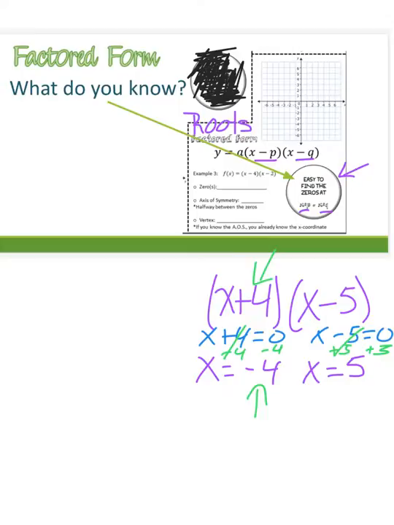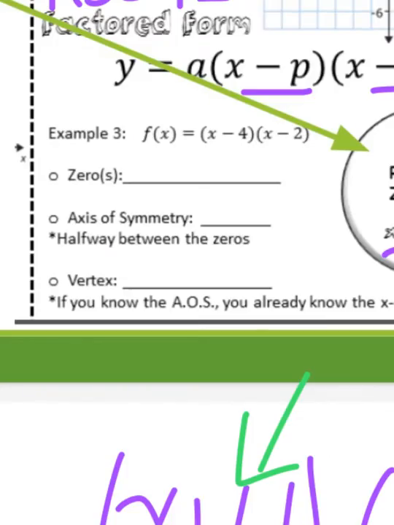So if I go back to this problem, I can write my answer as my zeros are at, I have a negative 4 inside my parentheses, so when I write it out, it's going to be a positive 4 comma 0, and I have a negative 2, so it'll become a positive 2 comma 0.